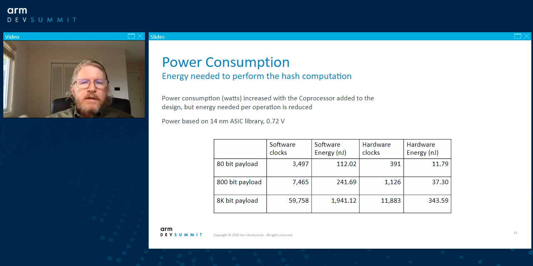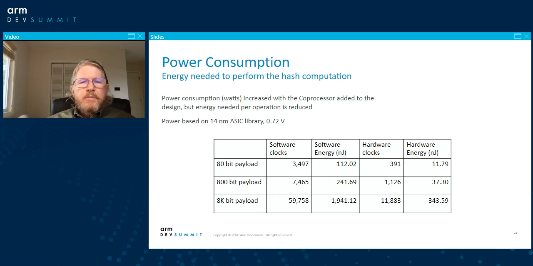And again, using the same 80, 800, and 8,000 bit payloads, we can see that the power consumed by the system as we added the coprocessor went up a little bit. So without the coprocessor, it was about 13 milliwatts, or microwatts, excuse me. And adding the coprocessor brought that up to 14.5 to 15 microwatts.